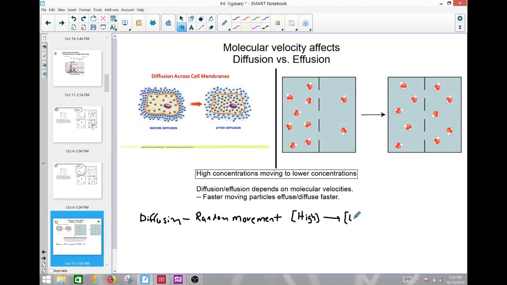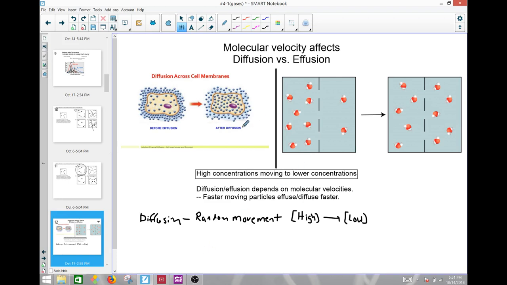Essentially, things are going to start spreading out. If you smell something in the air, it's because gases are diffusing from an area of high concentration to an area of low concentration.